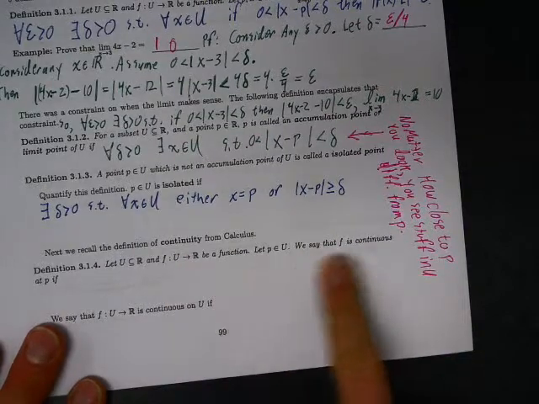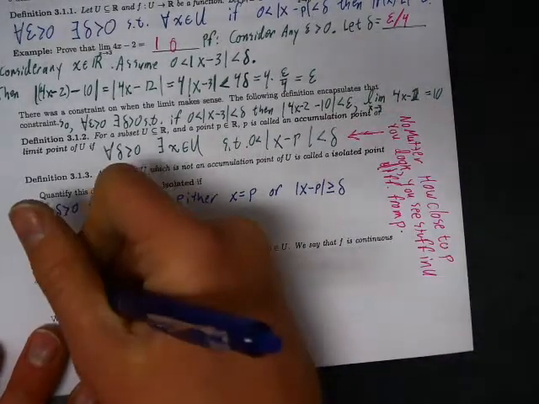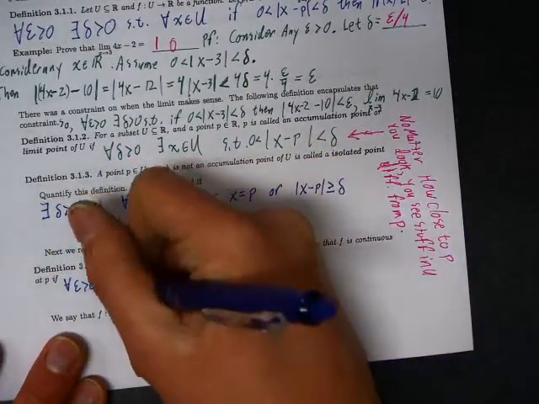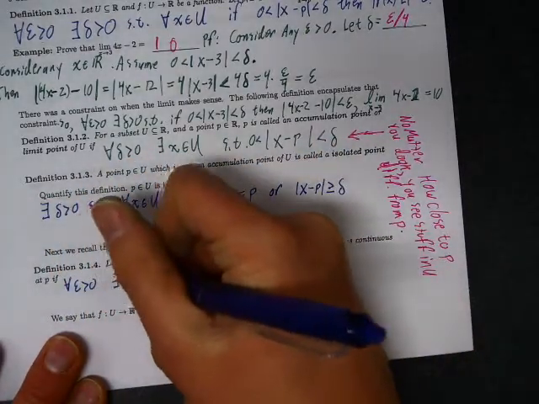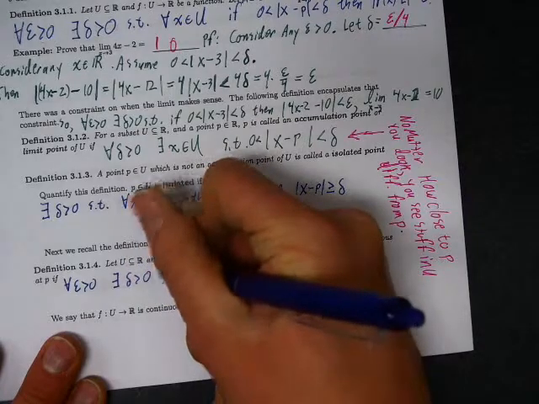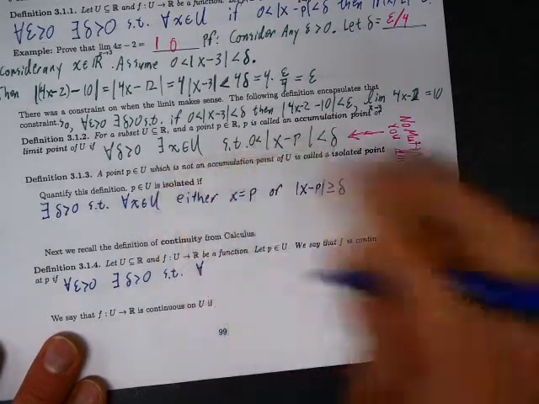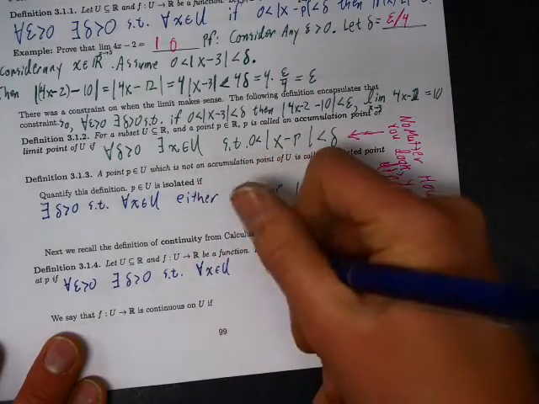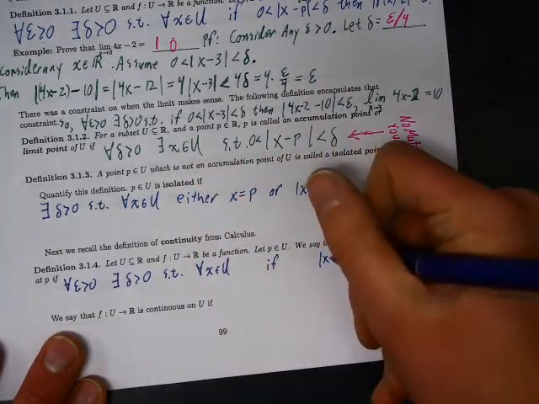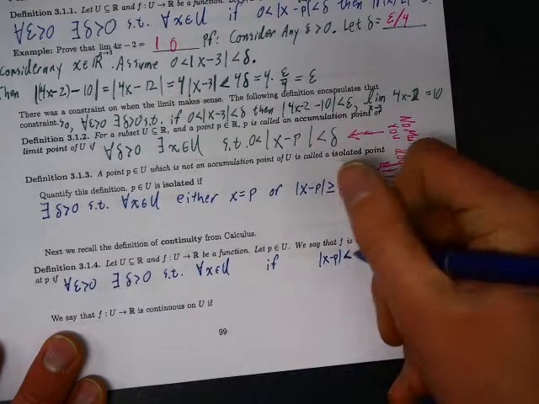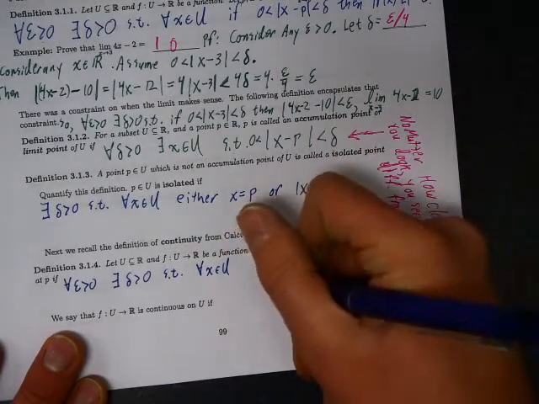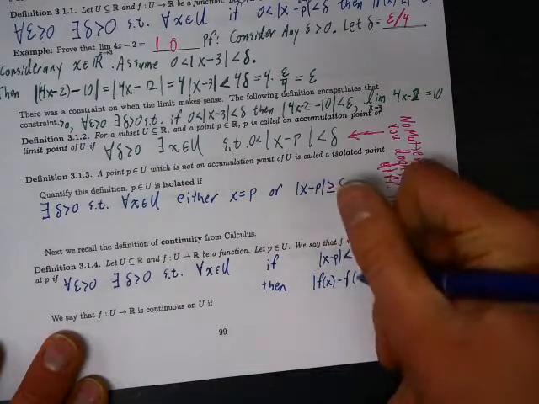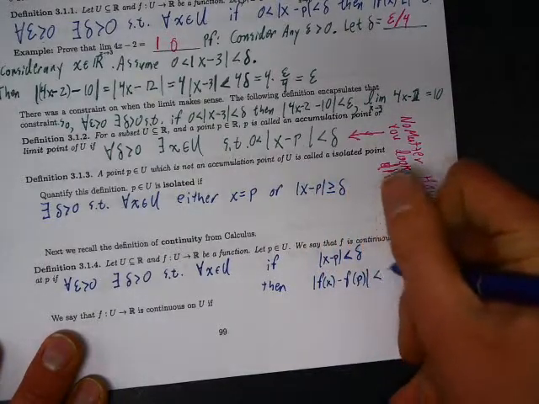Let P be a point in U. We'll say that f is continuous at P if, for every epsilon bigger than 0, there exists a delta bigger than 0, such that for every x in U, if the absolute value of x minus P is less than delta, then the absolute value of f of x minus f of P is less than epsilon.